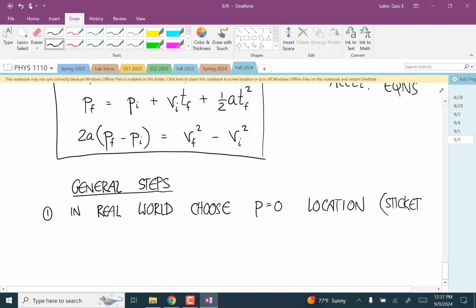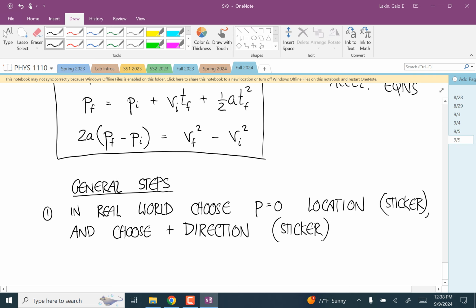Like imagine putting a sticker down at this spot in the world that you're going to call 0. And choose a positive direction. Imagine having an arrow sticker that you put down. And once you choose the positive direction, you've automatically chosen the negative direction. It's just the opposite way.